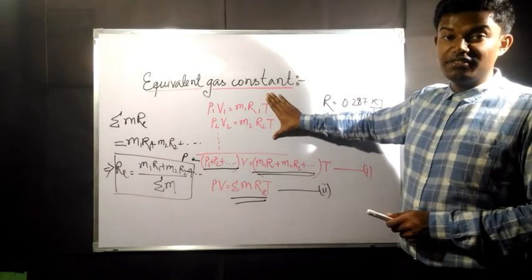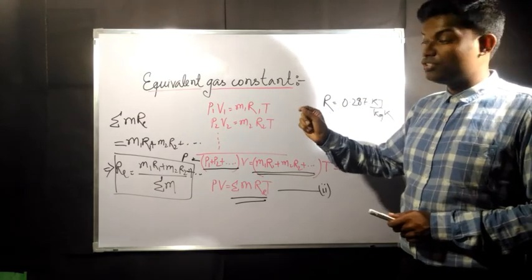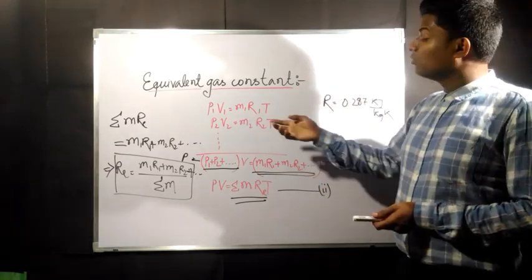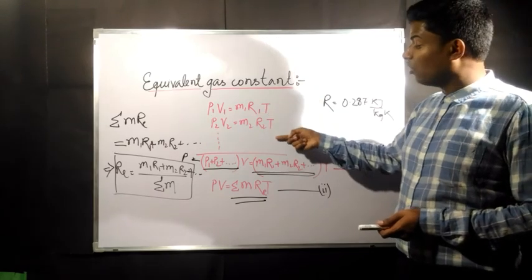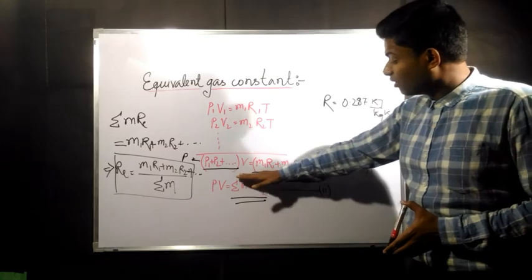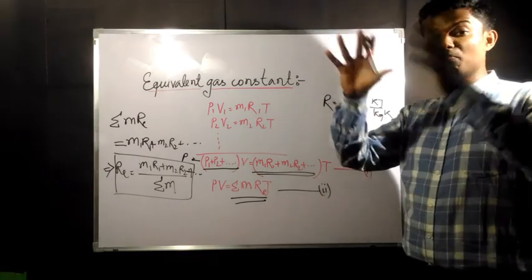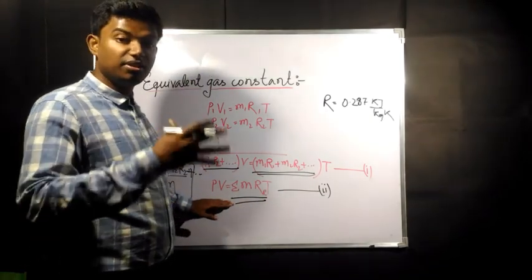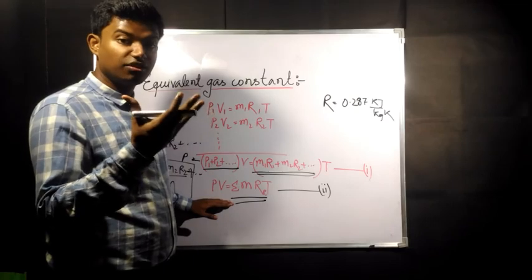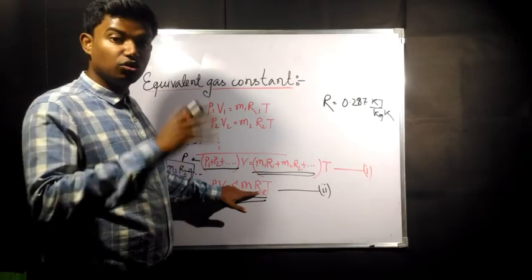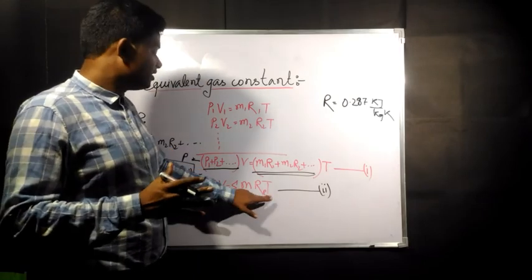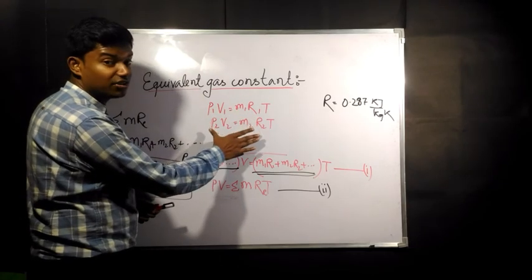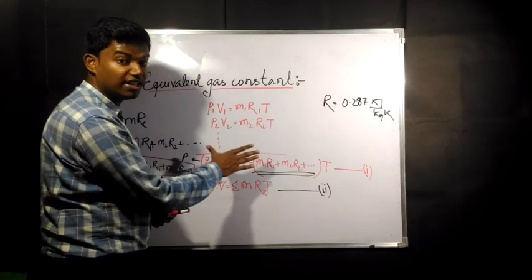We have taken the individual ideal gas equation for each gas that constitutes the mixture, and added them to get this equation. For the complete mixture, if we write the ideal gas equation, we get the characteristic gas constant of the mixture, R equivalent, times the total mass, the summation of all the masses, times T. So for the whole we have written one equation, and we have got another by adding up the ideal gas equations of the individual gases.